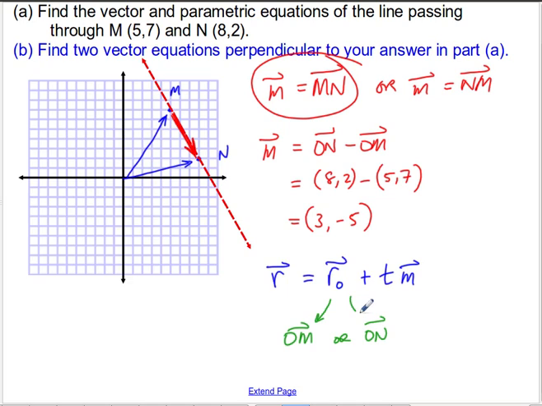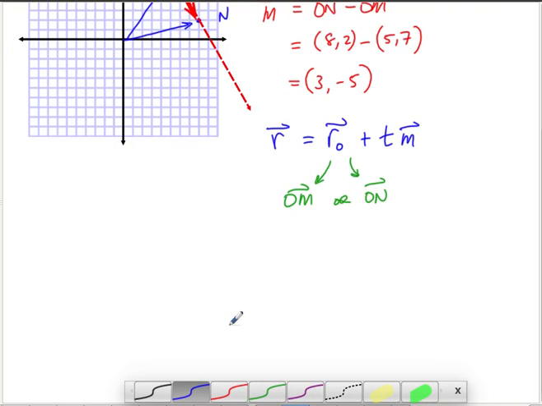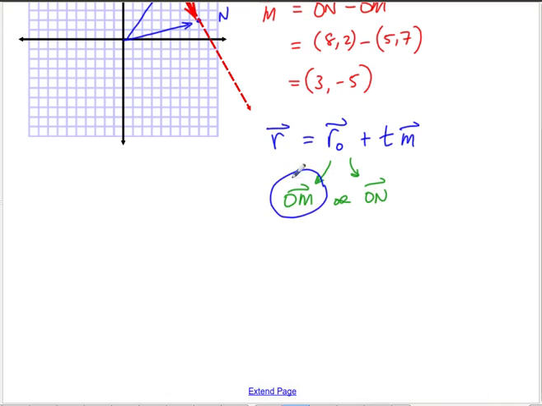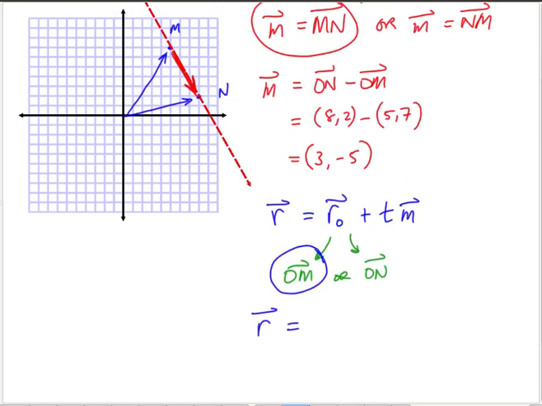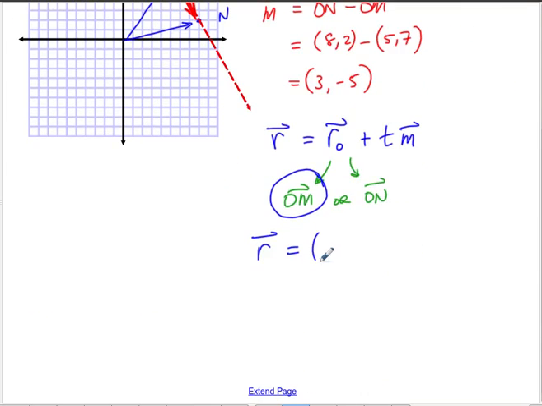Either of those is a valid initial position. Again, just alphabetically, I'm going to go ahead and use OM. So I end up with r is equal to OM, which is (5, 7), plus t times (3, -5).